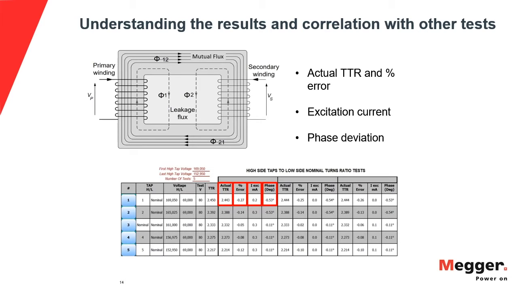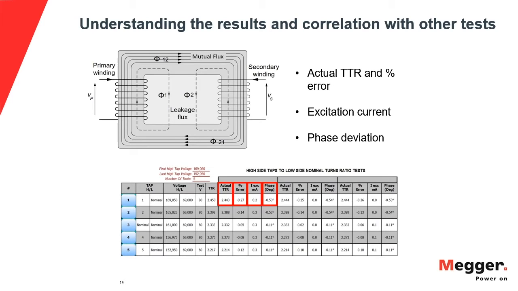But those two numbers are not the only ones that we get when we perform the test. We also get excitation current and the phase deviation. Very important to note, for those already familiar with transformer testing, you know that excitation current is a measurement that is voltage dependent.